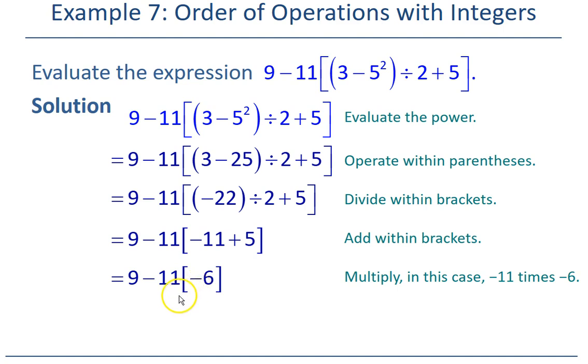Get a +66, and then we add the 9 to it, and end up with 75. Again, it may look a little daunting initially, but knowing the rules of operation, that's what you want to follow in a sequential way. And some of this you might be able to do in your head, but you don't want to end up with the wrong answer.